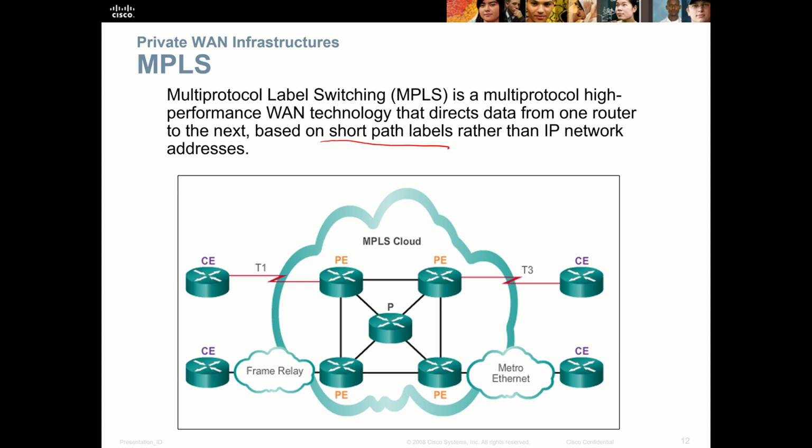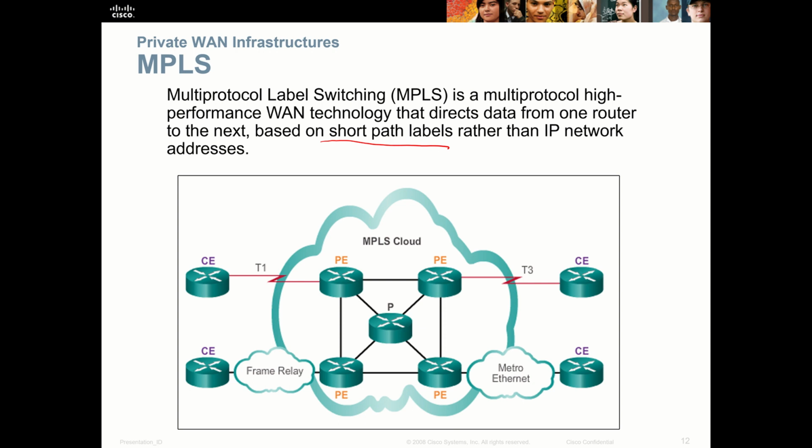Now MPLS is very popular, although it has been around since 30 years ago. It is still popular until now. It is popular because it is usually used to enhance the existing Ethernet connectivity.